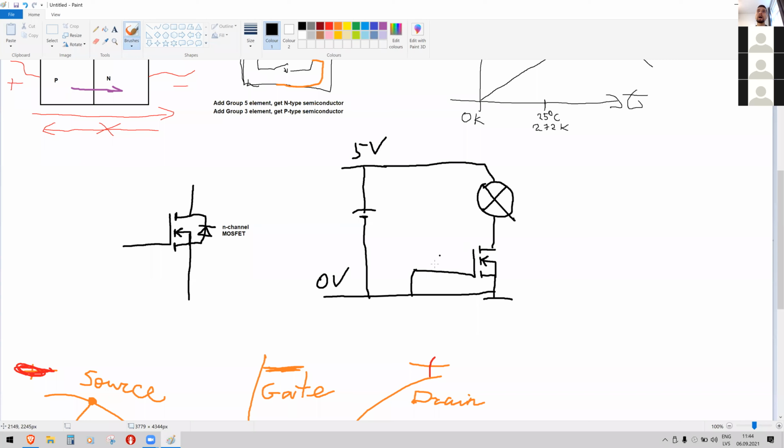But if I do the opposite, if I connect with some switch or something like that, if I connect the gate to positive voltage, the gate is charged positive, the bulk is negative, so the gate with its positivity attracts negative charges, and the N channel is formed and electricity starts to flow through and the light bulb starts to shine, right?